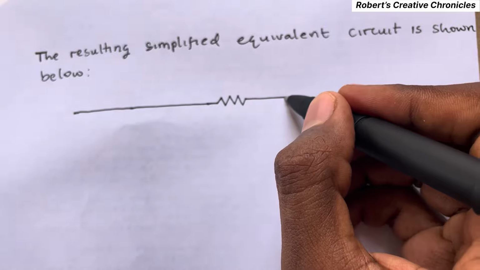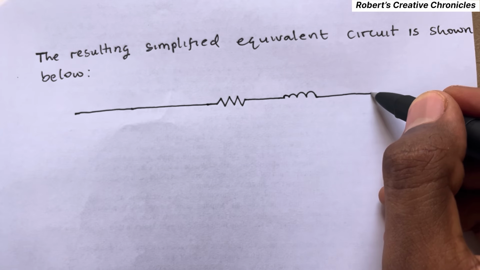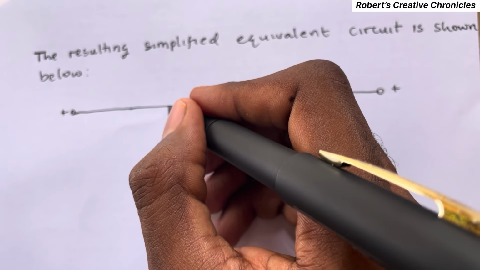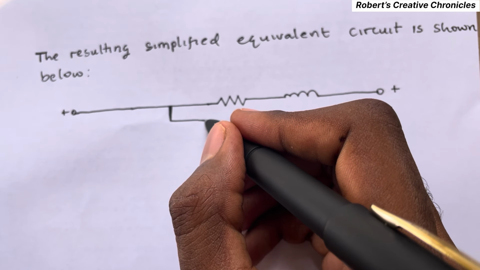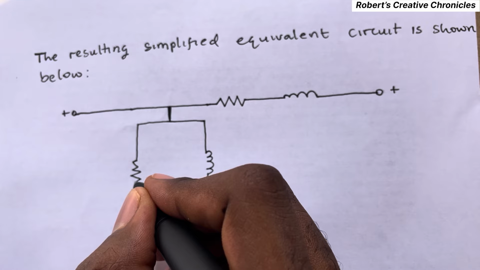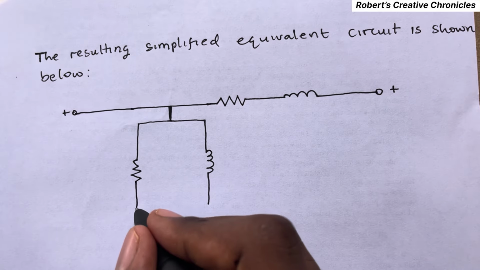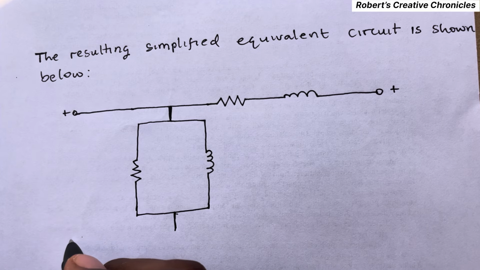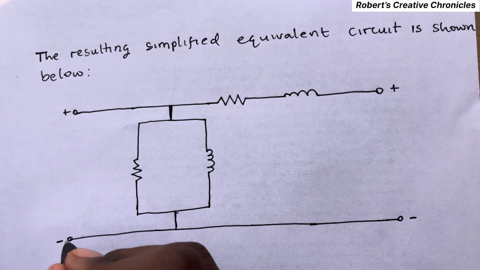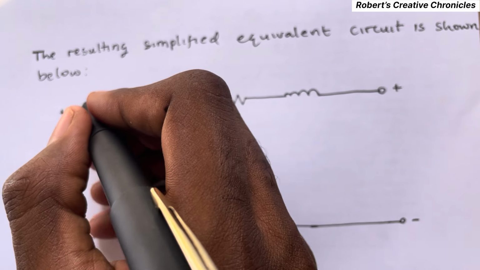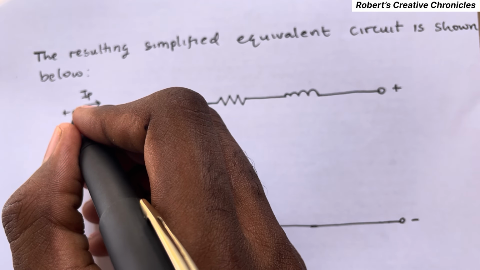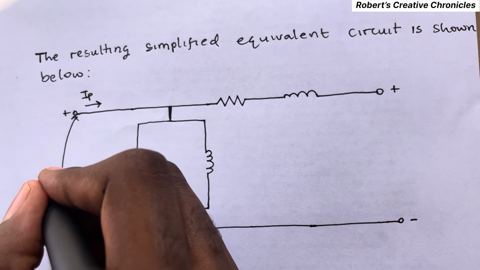There will be the equivalent resistance here, the equivalent reactance, then here will be the primary current, IP, and here the primary voltage, VP.